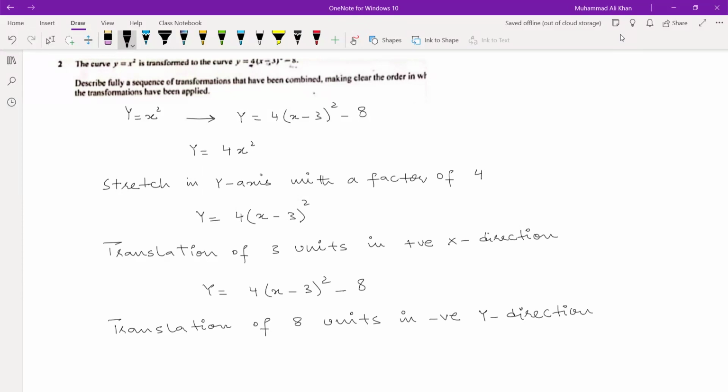You have the concept of negative and positive x and y. If we are subtracting something from x, it means we are moving in positive direction. And if we are subtracting something from the function, it means we are moving that many units in negative y direction, right? So this is about question number 2.